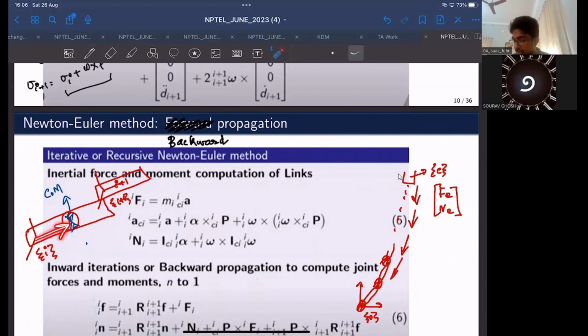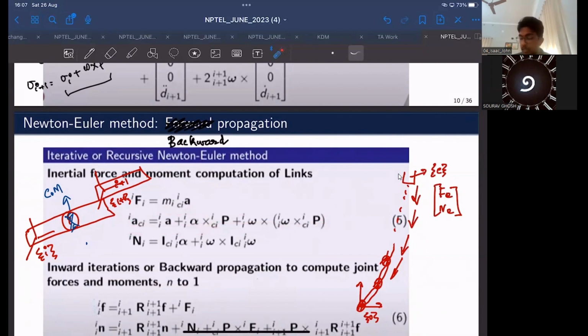Right? This is nothing but this distance. So alpha cross P would be the tangential component, and omega_i cross omega_i cross this distance would be the centrifugal component. Right? That is nothing but this equation.